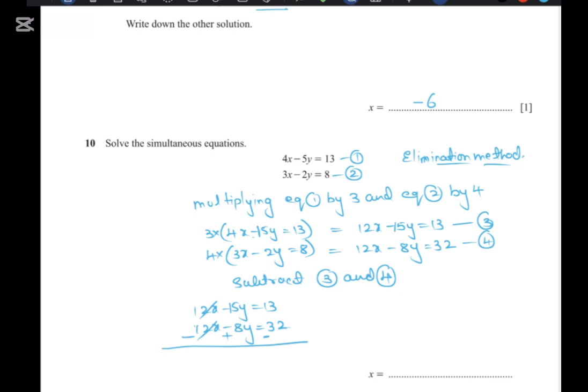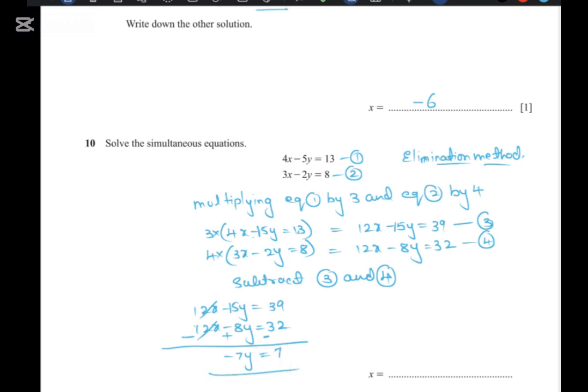Minus 15 plus 8y is minus 7y. 39 minus 32 is 7.